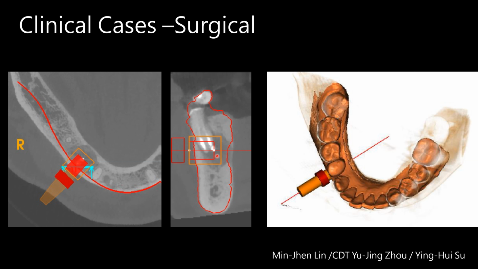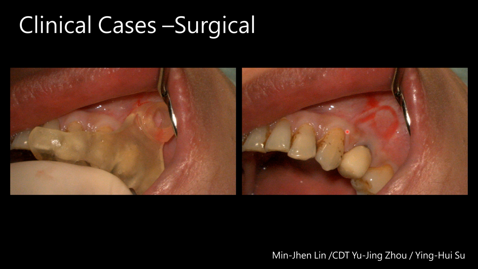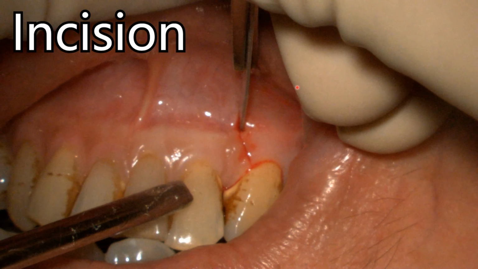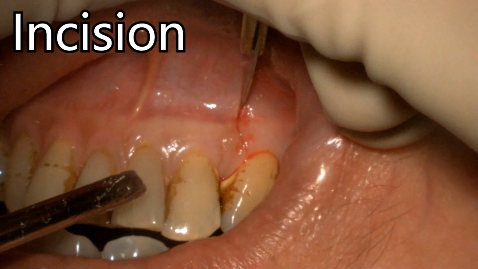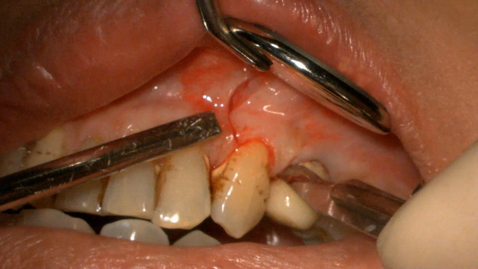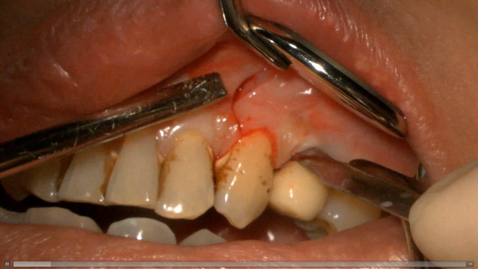So I made a surgical stent, which is attached to the bone. Here is the 3D printed guide, and here is the surgical procedure. So I reflect the flap.